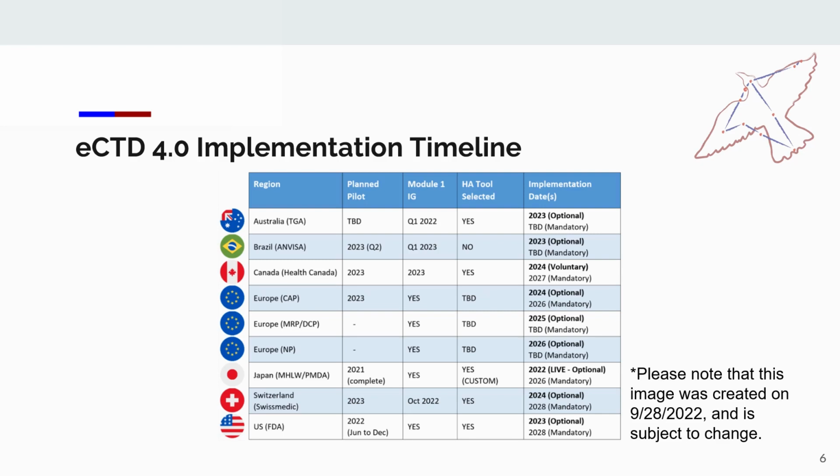By the end of 2023, Australia, Brazil, Canada, Japan, and the US will be accepting applications in the eCTD 4.0 format, with the EU and Switzerland starting the following year. However, this image was created in September of 2022, so it is subject to change.